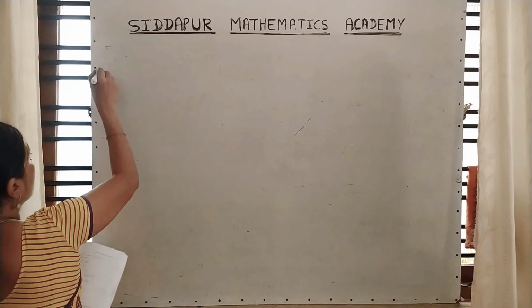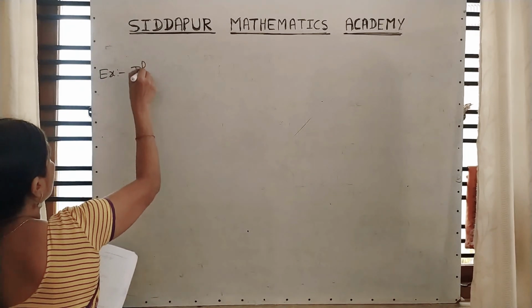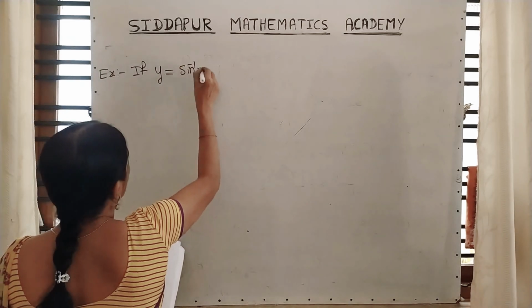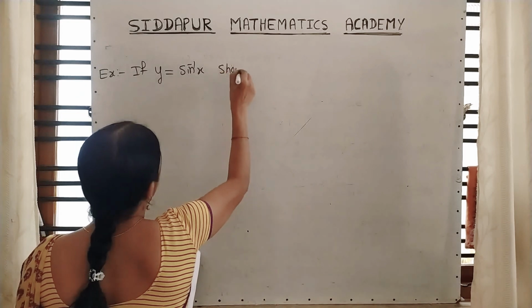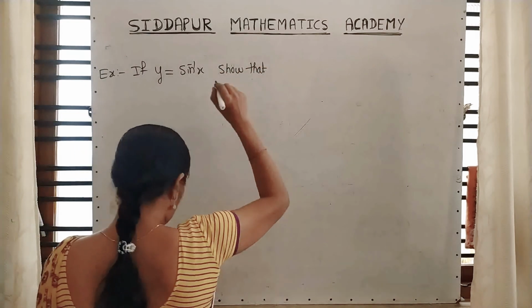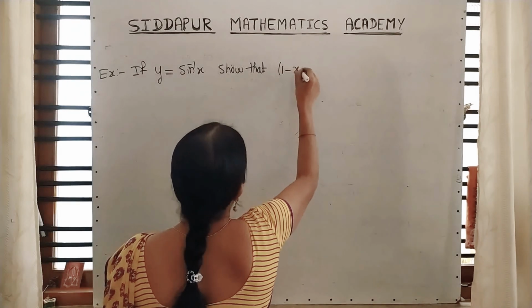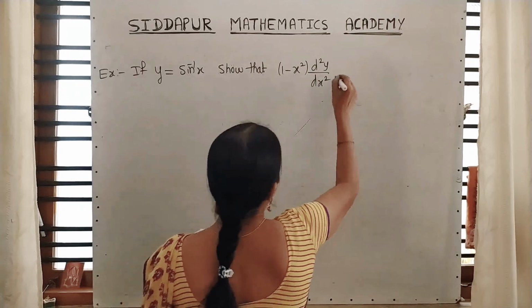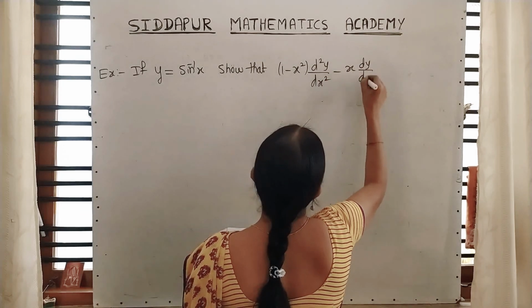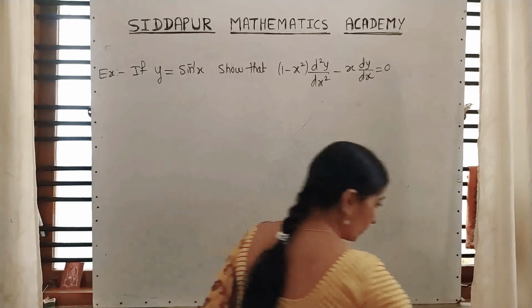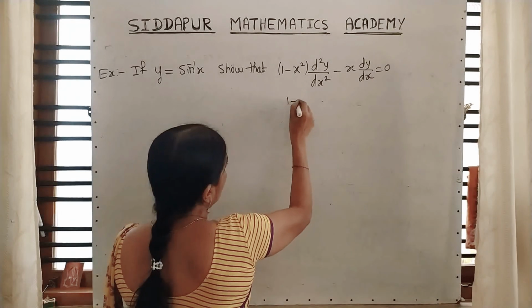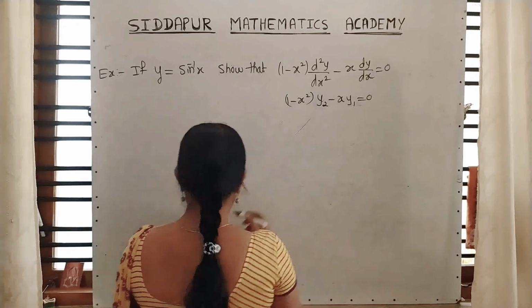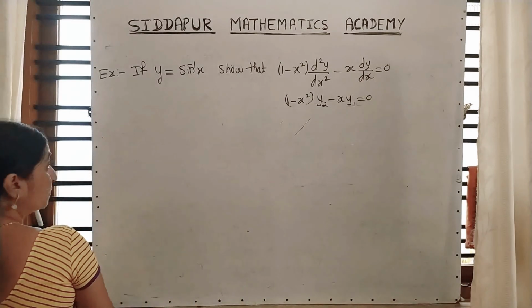If y is equal to sin inverse x, show that 1 minus x square into d square y upon dx square minus x into dy upon dx is equal to 0. For our convenience, I am writing this as 1 minus x square into y2 minus x y1 is equal to 0. And then I am converting that.